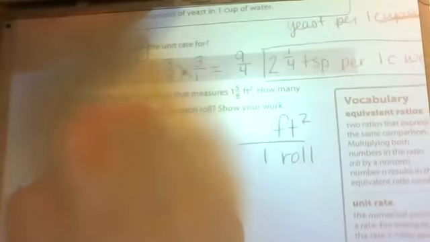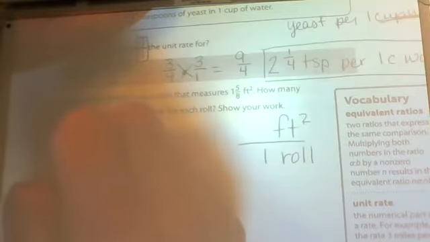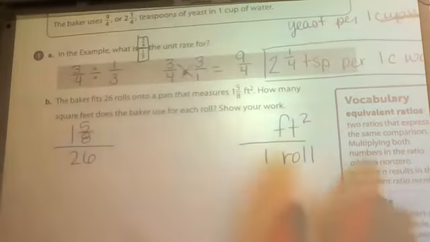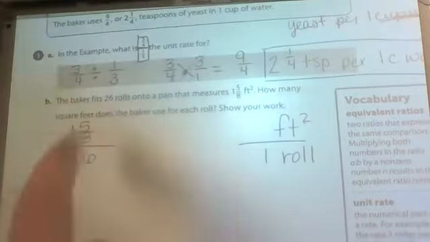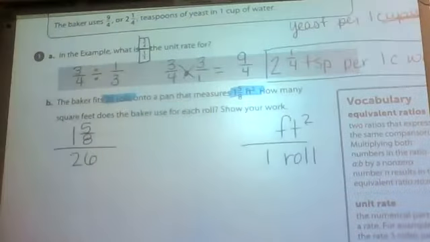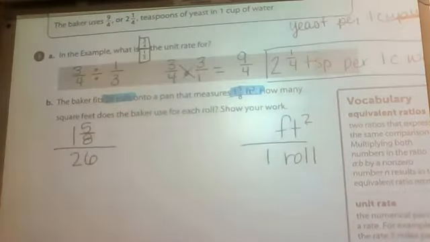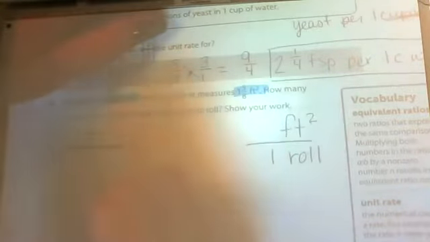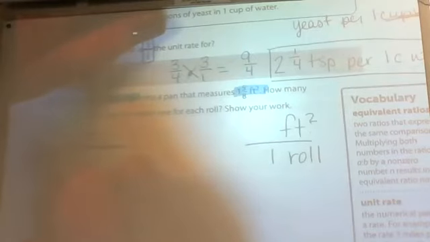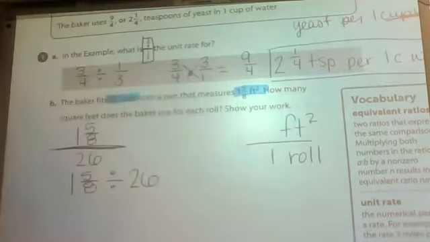So it's going to be 1 5/8 divided by 26, because 26 is the rolls and 1 5/8 is the feet squared. Now let's write this out as a division problem: 1 5/8 divided by 26.